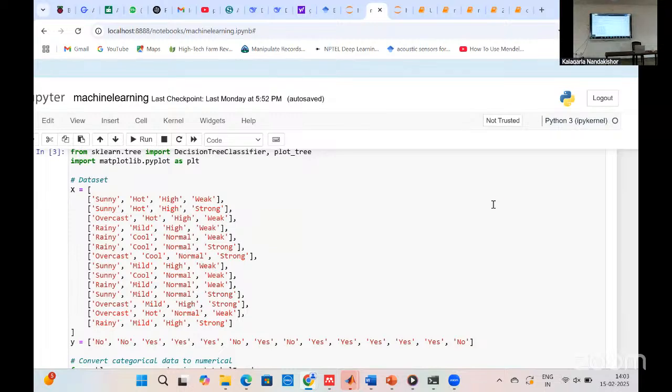Okay? Now, we know that a decision tree is represented by using the CART algorithm. What is the CART algorithm here? Classification algorithm, regression algorithm. A combination of classification and regression. We know that classification is based on the given data set.